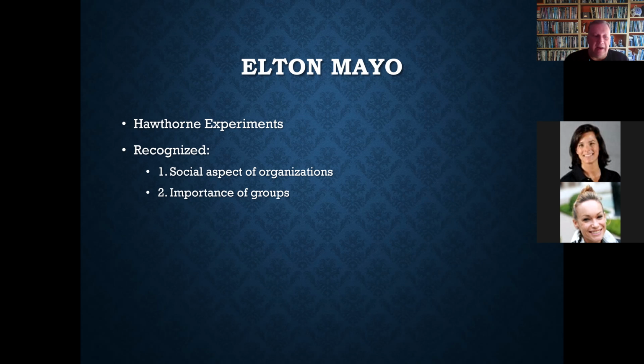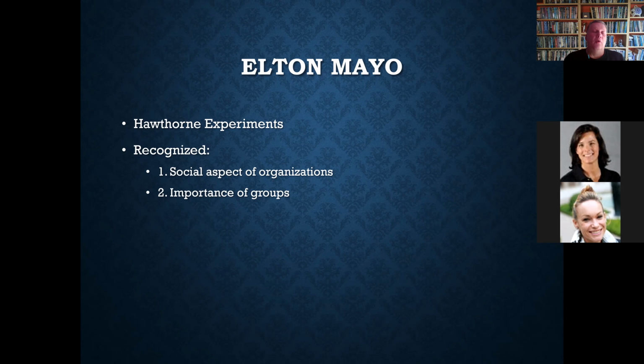What they would find is that in these groups, if one person was not pulling their weight, one person was not working hard enough and was reducing the productivity of the entire group, then the rest of the group would push this person to work harder and say, you're making us look bad, so you need to really get to work, and would force that one person in the group to increase their productivity level. So groups and group pressure is another thing that Mayo and his colleagues recognized through these Hawthorne experiments.